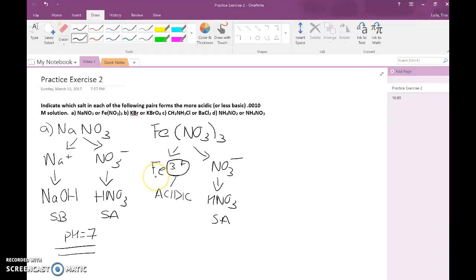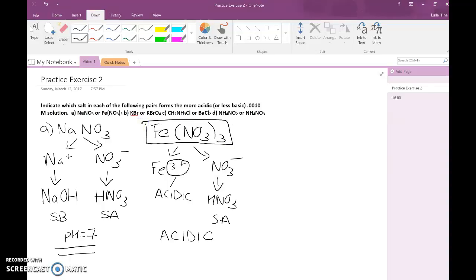But it said that highly charged ions like Al3+ or Fe3+ are automatically acidic. So that makes this solution acidic. I think the question said which of the following would be more acidic. So the answer here would be FeNO3.